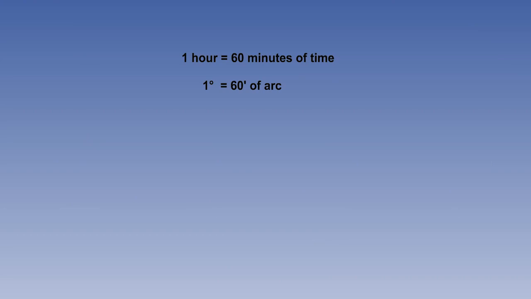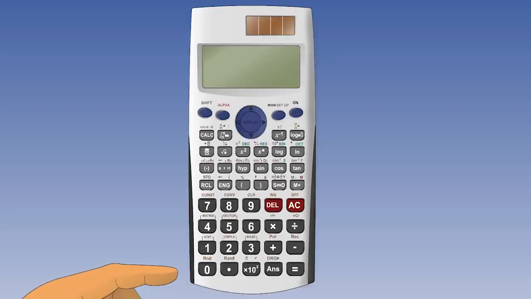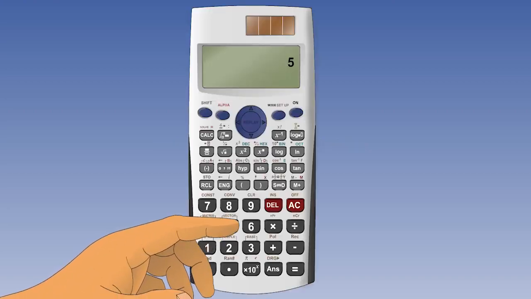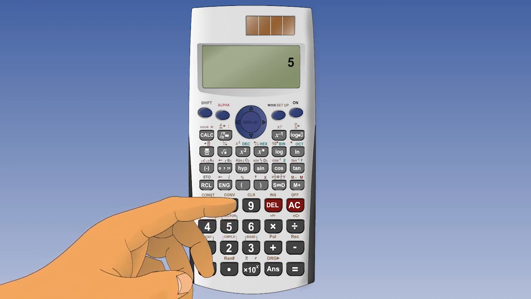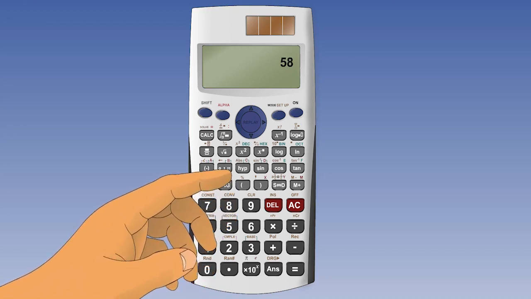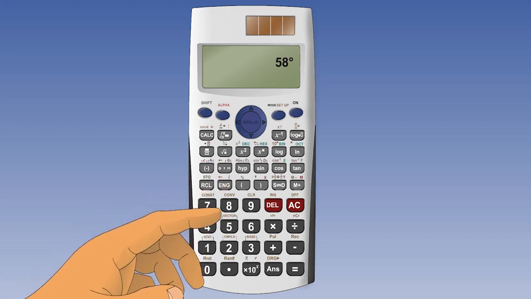You could simply realise that 6 minutes of arc is 1/10 of a degree, just as 6 minutes of time is 1/10 of an hour, in which case 12 minutes is 0.2 of a degree. You can then just key in 58.2 degrees into your calculator. However, most scientific calculators have a DMS key. It stands for degrees, minutes, seconds.